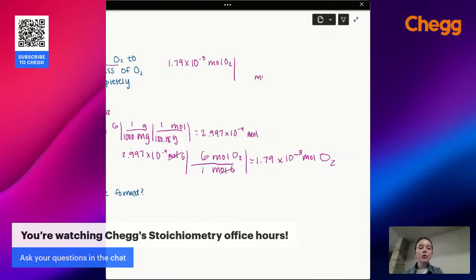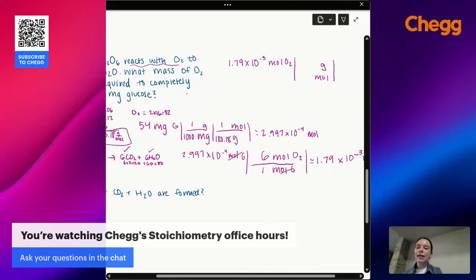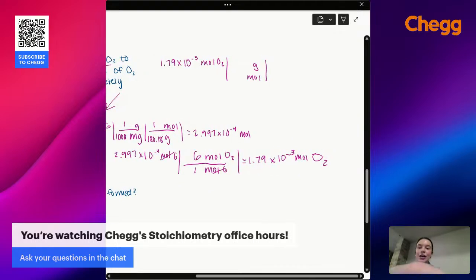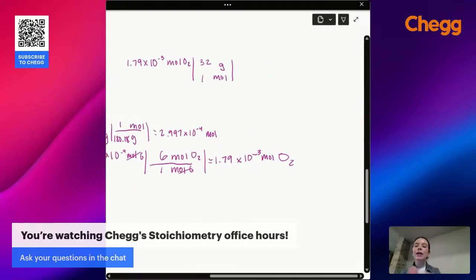Then I can do moles to grams. And to get that conversion, I'm going to go back to that molar mass I found, which is right here. So I know 1 mole has 32 grams. And then I want to go to milligrams because that's what the problem asks for. So I have 1 gram is 1,000 milligrams.